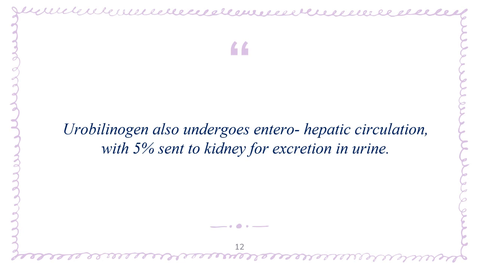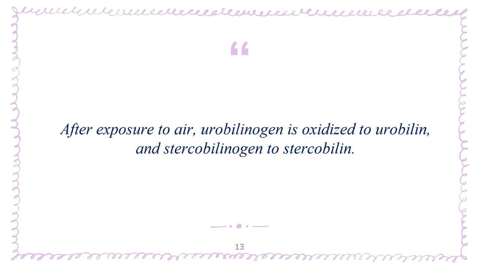Urobilinogen will also undergo enterohepatic circulation, in which 5% will be sent to the kidney for excretion in the urine. After exposure to air, the urobilinogen will be oxidized to urobilin and stercobilinogen to stercobilin. So both of these components are responsible for the normal color of urine and stool.